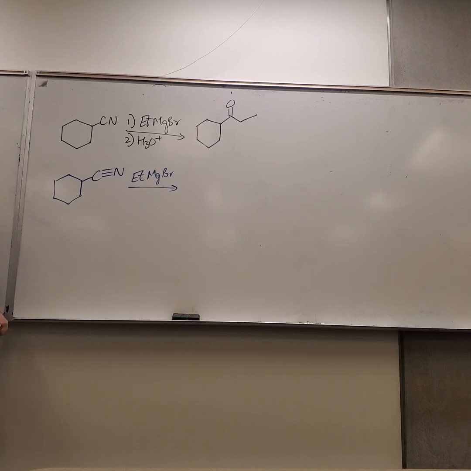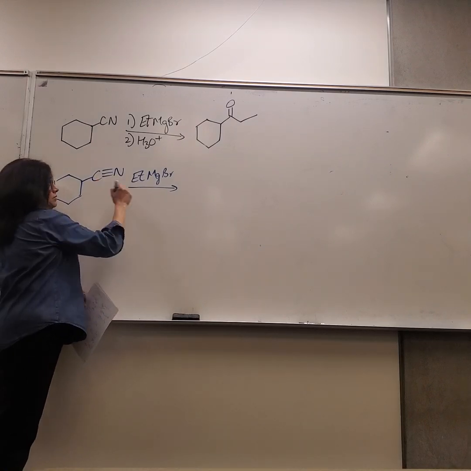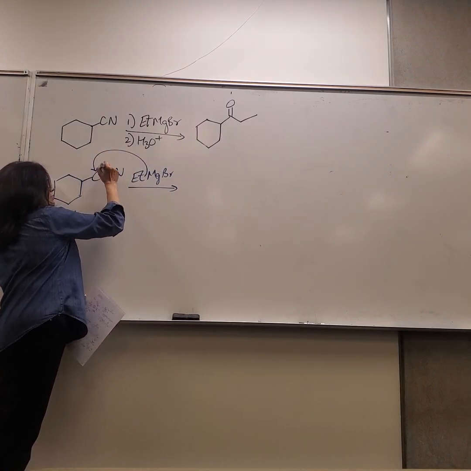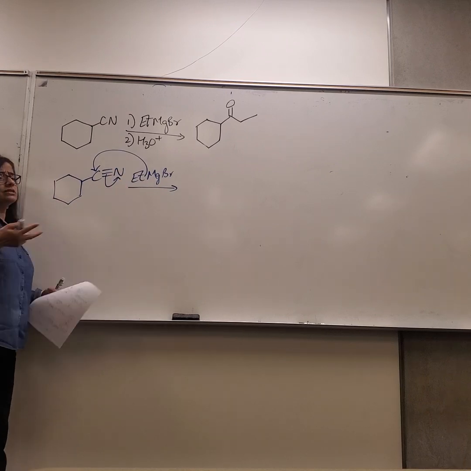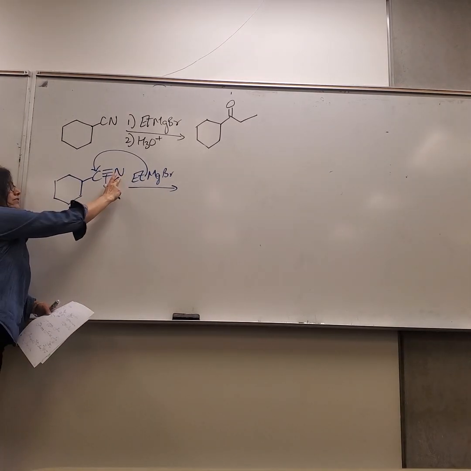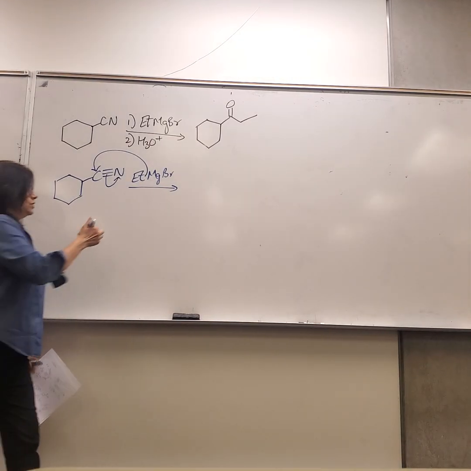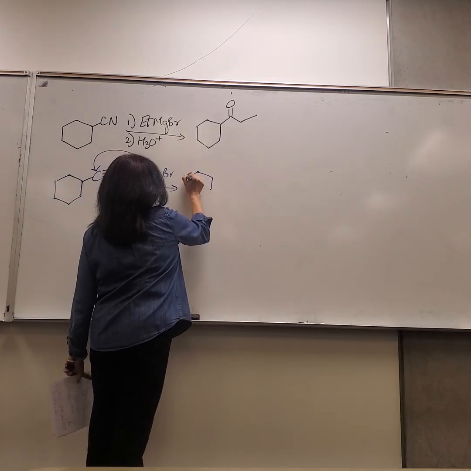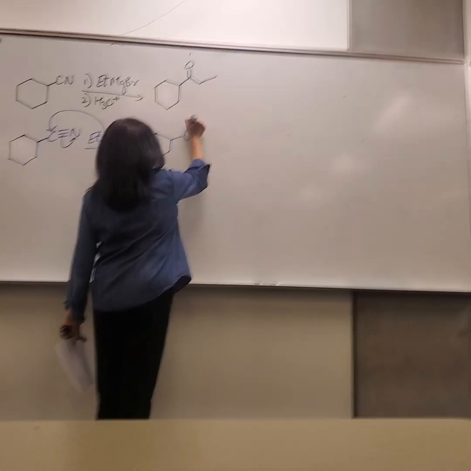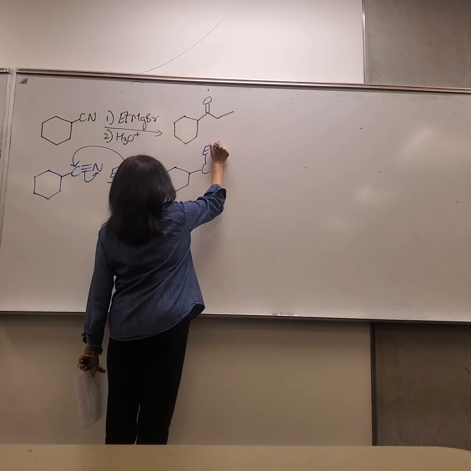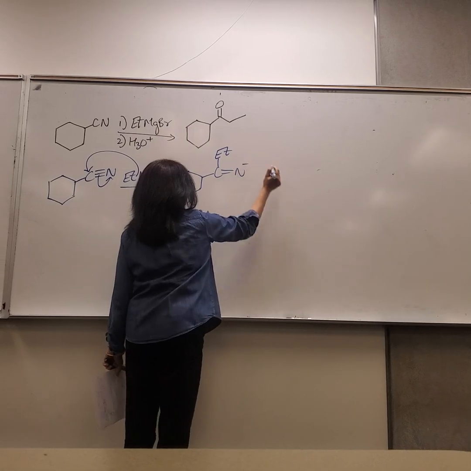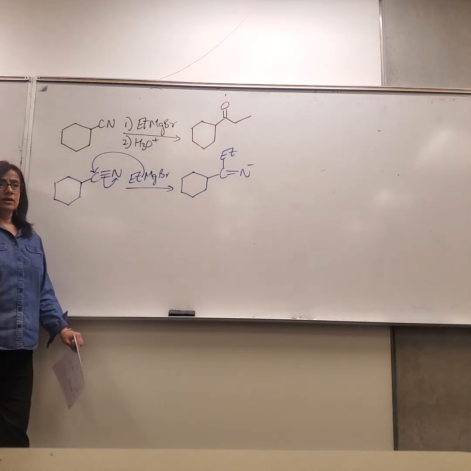The carbon, because that's the electrophilic position, just like a ketone or an aldehyde, except now you have a nitrogen, but everything else is exactly the same. That creates the ethyl group here and a negative charge on nitrogen. Agreed?